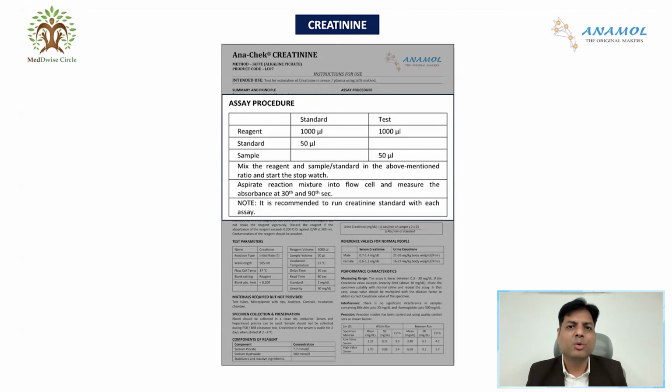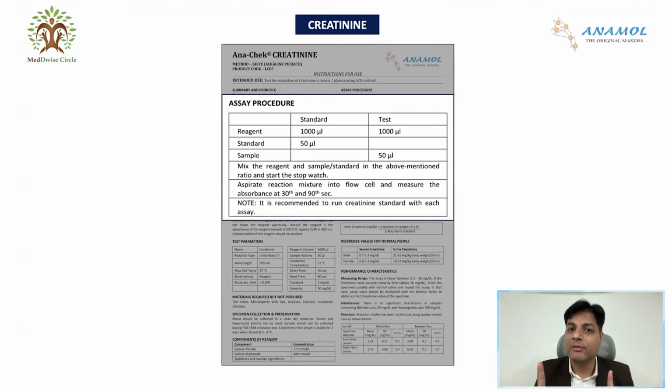Now, it is important to note here that in some parameters, when we do the color development, like for example, a parameter of glucose, whenever we do the color development of glucose, the final color is not stable for a very long period of time. The color may be stable for up to 8 minutes or 30 minutes or 60 minutes or 120 minutes.